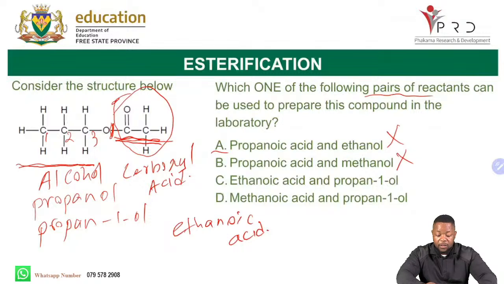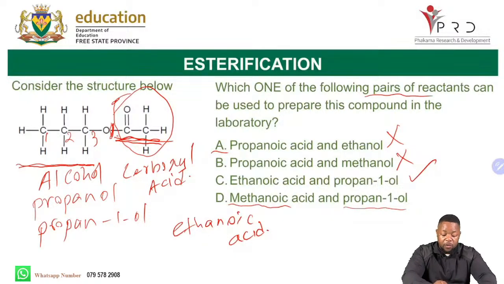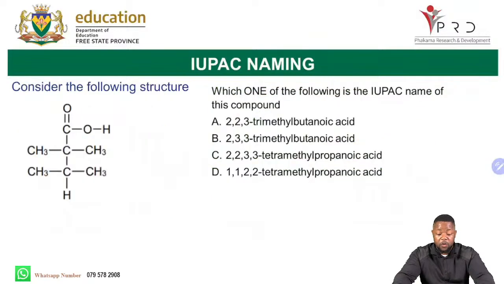We are left with C and D. C says ethanoic acid and propan-1-ol. This is the correct option as we have tested before. But methanoic acid and propan-1-ol cannot be correct because the right-hand side of our structure has 2 carbons. So that is how we go about answering these multiple choice questions.